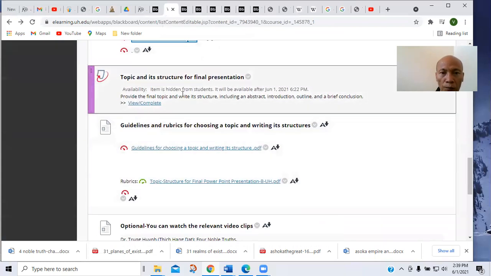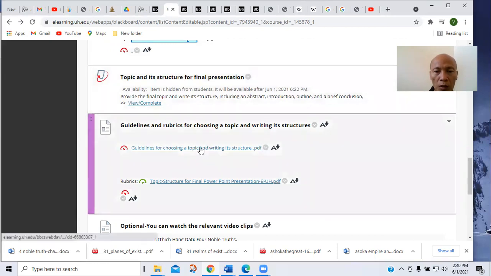And for this week, you're supposed to write a topic and the structure for the final presentation. Early in the summer semester, I would like you to prepare early and pick the topic that you would like to do for your final PowerPoint presentation. Here is the guideline.